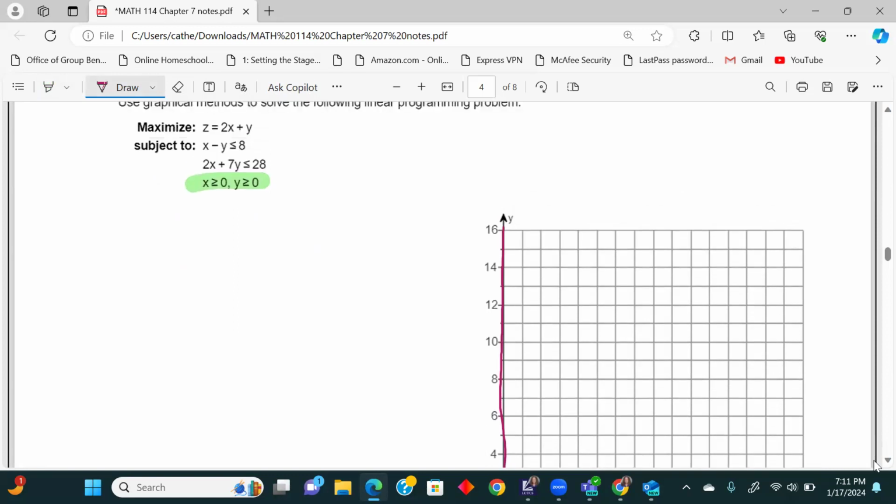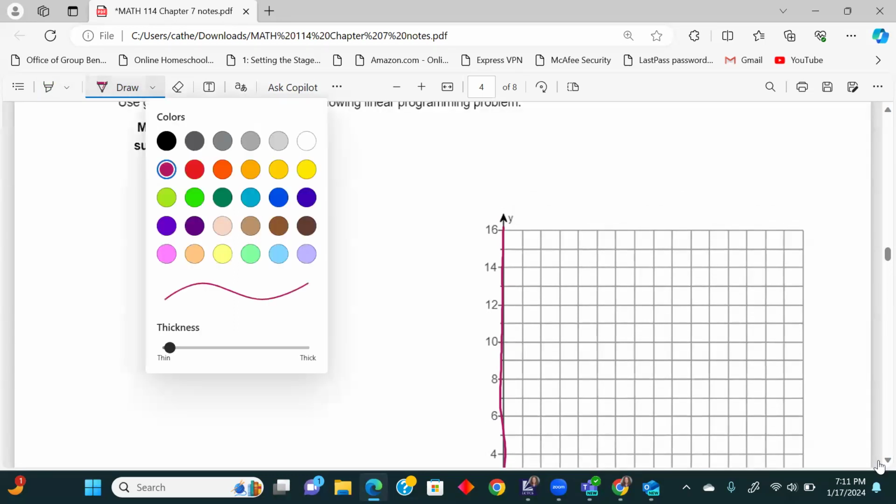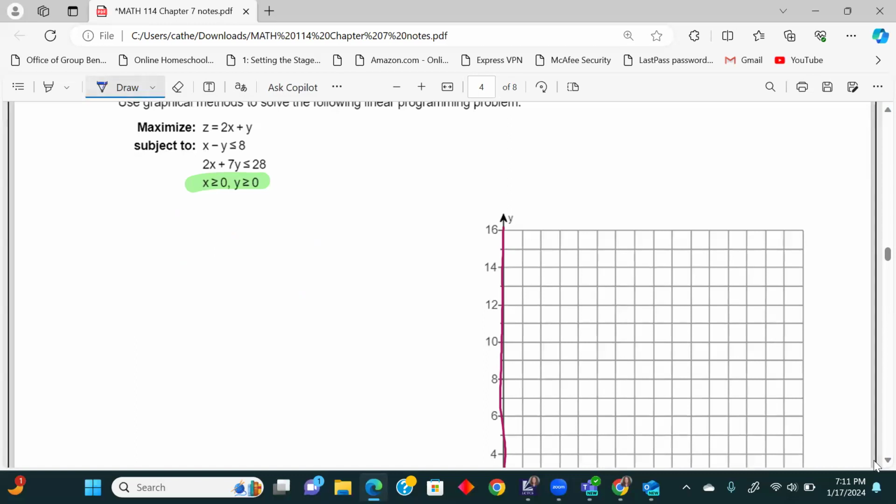All right, so let's look at the other two. I think I'll just leave the inequality in there. All right, so let's solve. Let's subtract x.